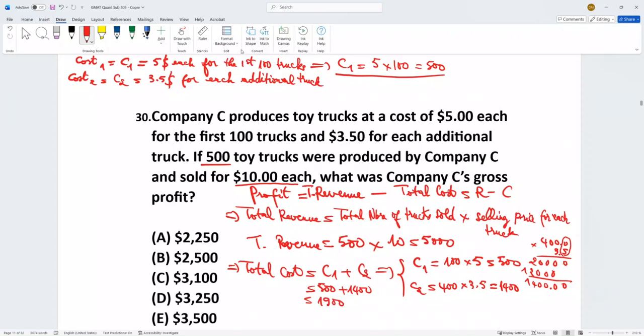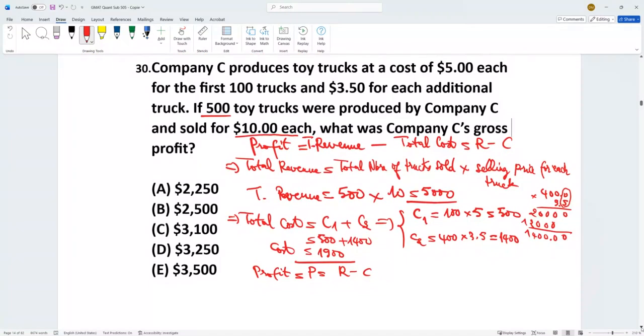But the question is, what is the gross profit? Now we have the revenue and the cost, so we can find the gross profit. Profit, P, is equal to R minus C. Revenue is 5,000 minus cost, which is 1,900, and this will give us 3,100.